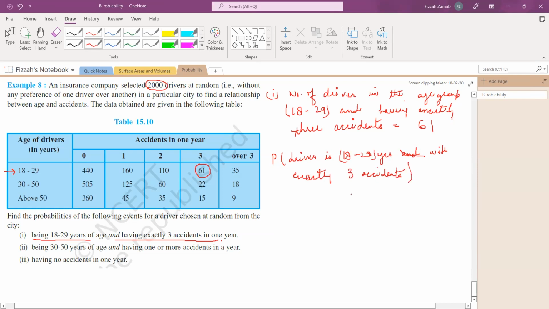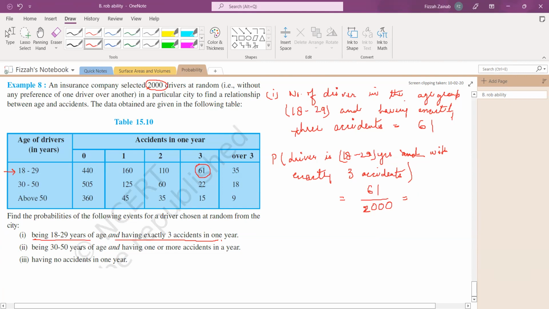So the number of drivers are 61 and the total number of drivers are how much? 2000. So out of these 2000, only 61 fall in this category. So this is the probability. Okay, I'm leaving the calculation for you. You can complete the calculation, right? Yes, ma'am. Fine.